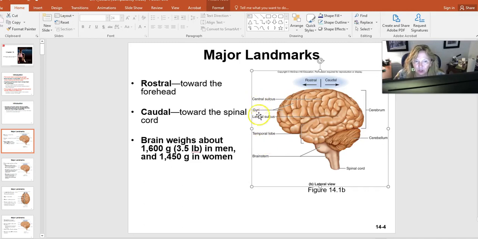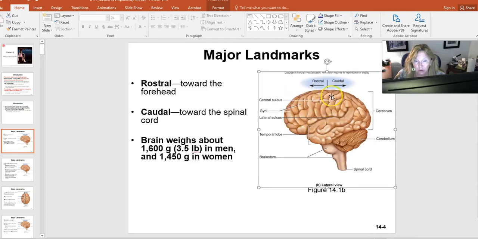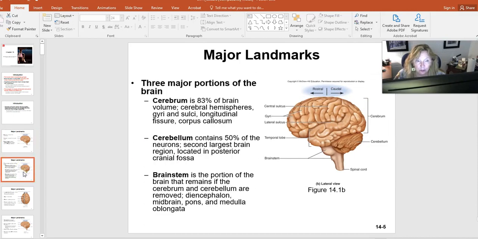That is what those two terms are related to. So the central sulcus, which you can see here, the central fold, actually divides the frontal lobe, which is huge, from the parietal lobe. And those two lobes have very different functions.